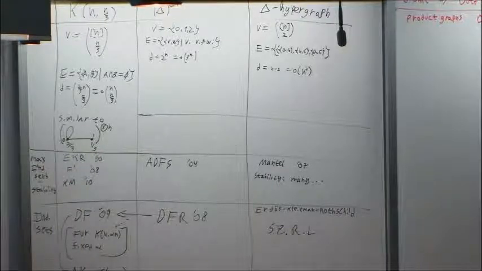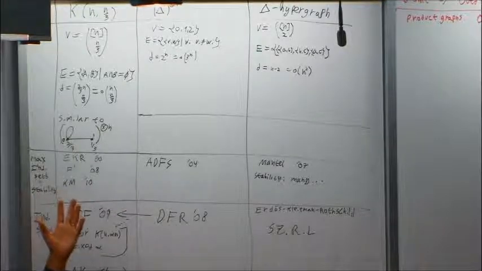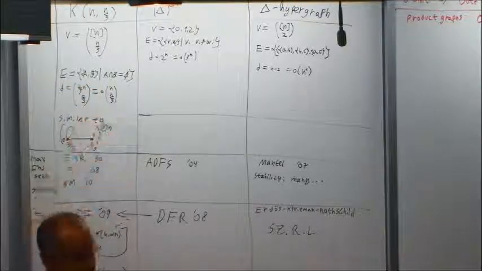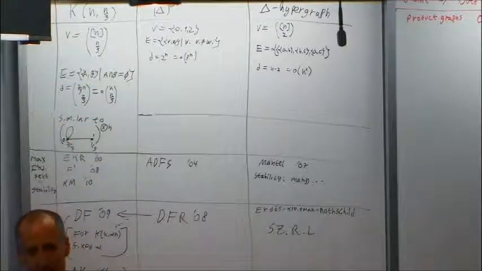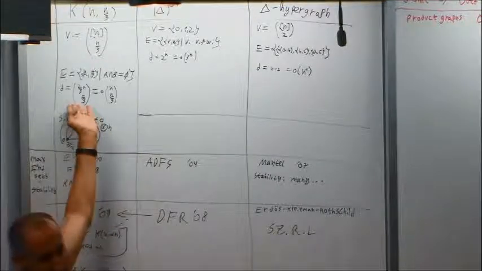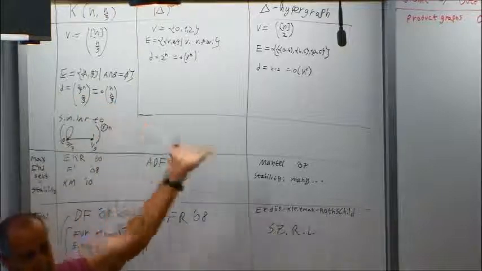So that gives you a Kneser graph on all subsets of n, but the measure is concentrated near the sets of size n over 3. And by analyzing what happens on this product graph, you can deduce a lot of things that happen on one layer.